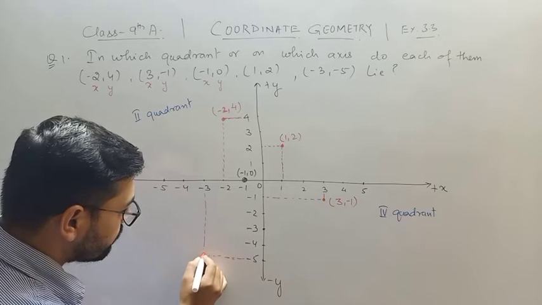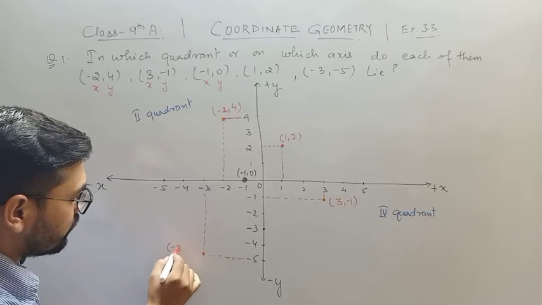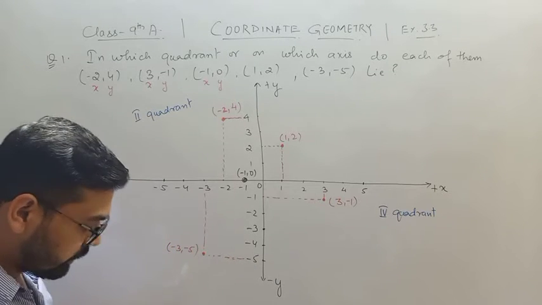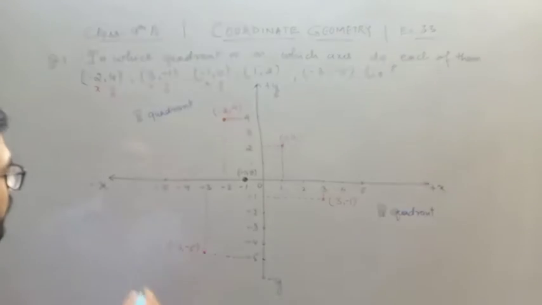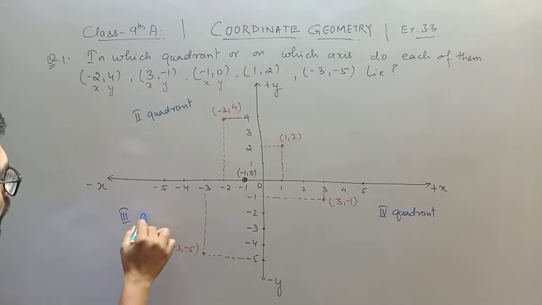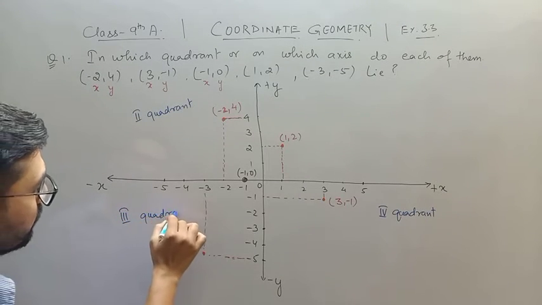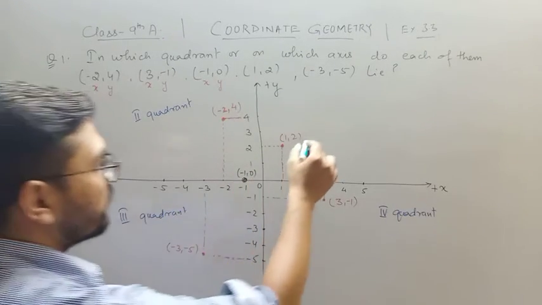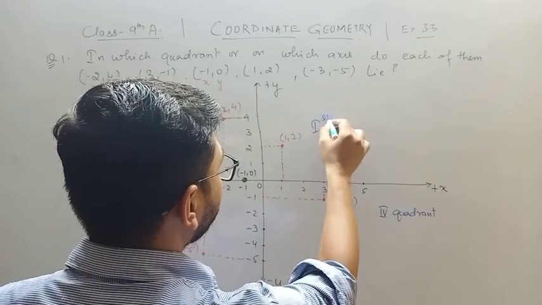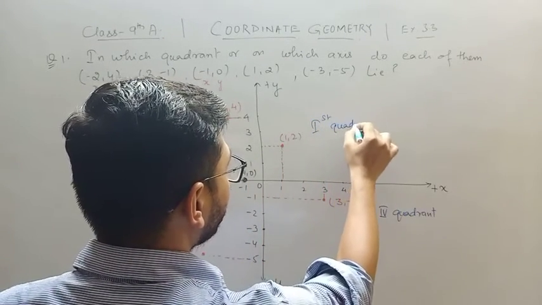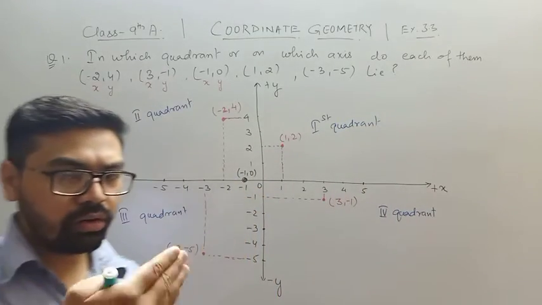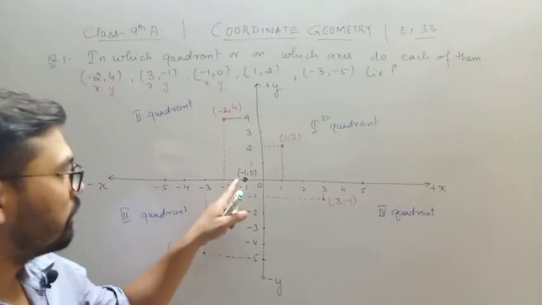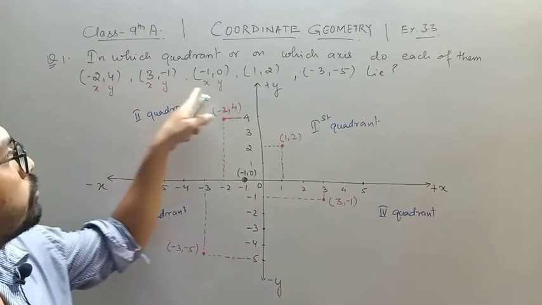So this point is -3 comma -5. You can say that this point lies in the third quadrant, and the previous point lies in the first quadrant, and only one point lies on the x-axis, which is -1 comma 0.